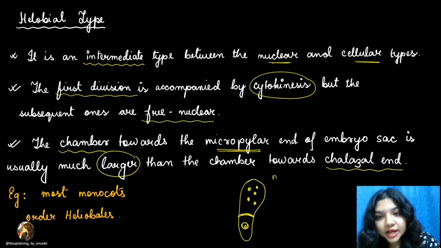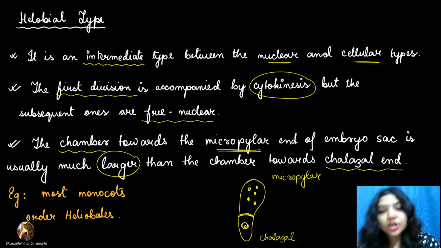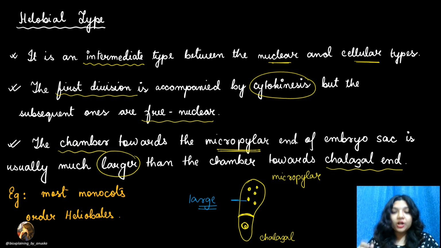If this side I consider to be the micropylar end and this to be the chalazal end, the micropylar side chamber is quite large as compared to the chamber on the chalazal side. So I guess we are good to go with the three types of endosperm: free nuclear, cellular, halobial.